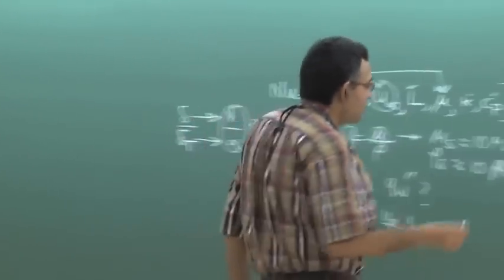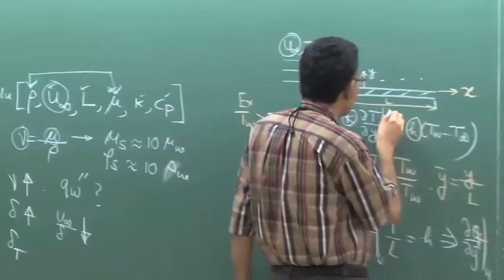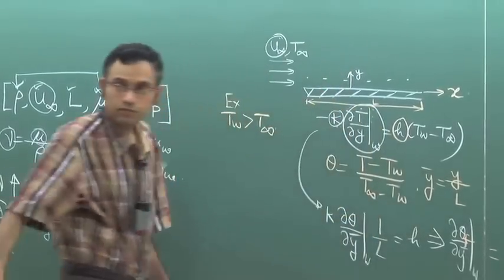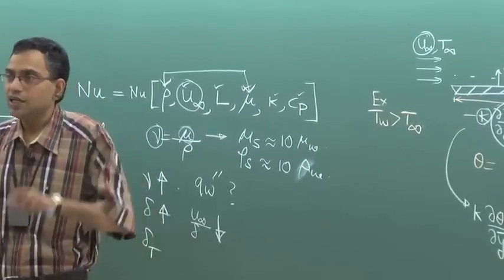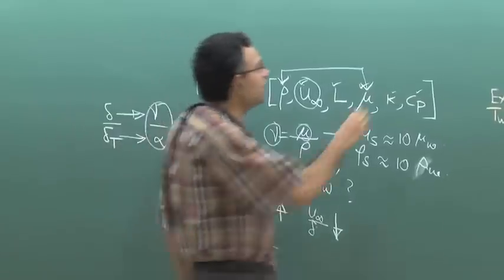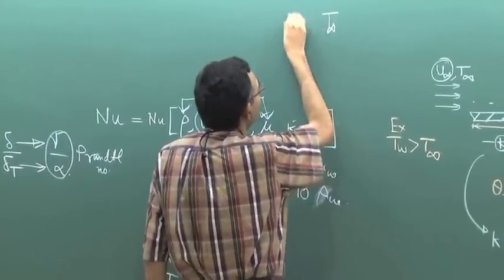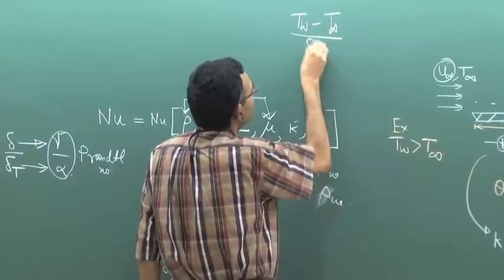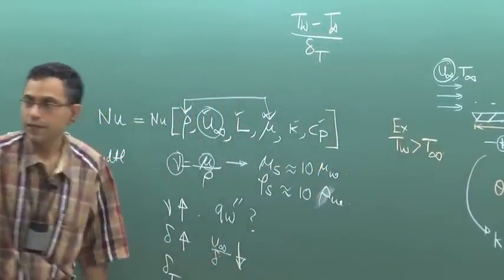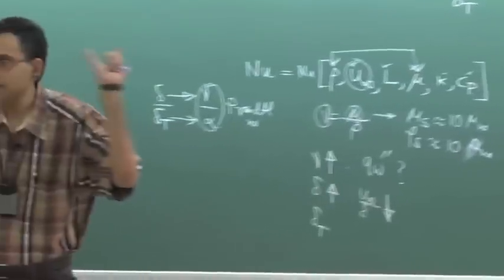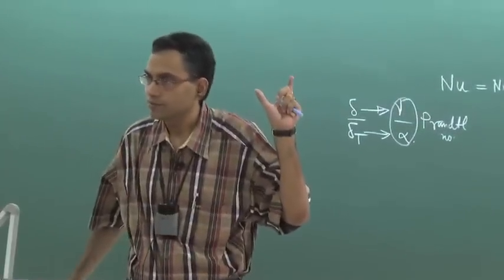Remember that we are essentially interested in the temperature gradient. So, what is roughly the temperature gradient within the thermal boundary layer? T wall minus T infinity by delta T, roughly. If it was linear, this is just order of magnitude. Okay.